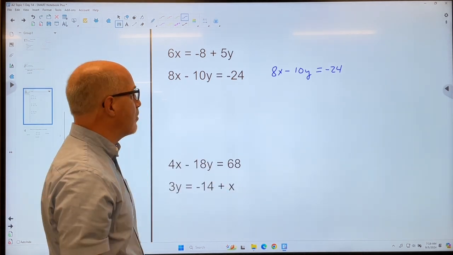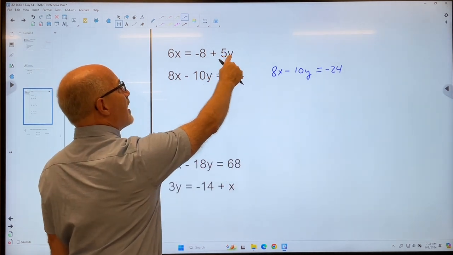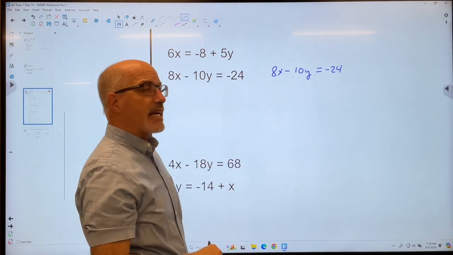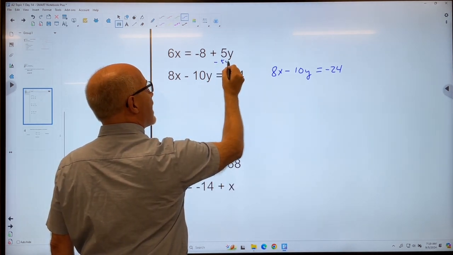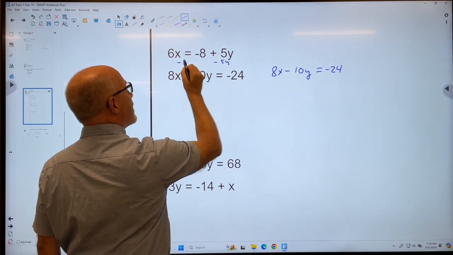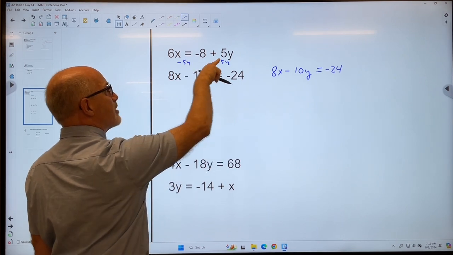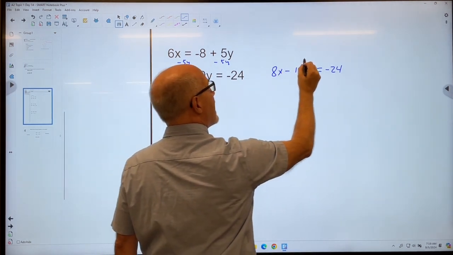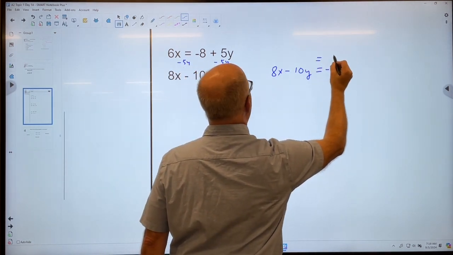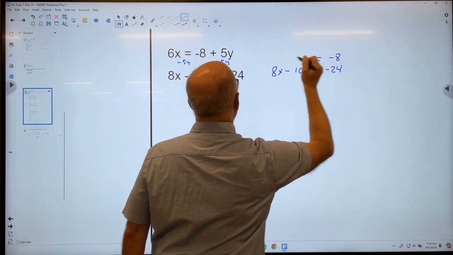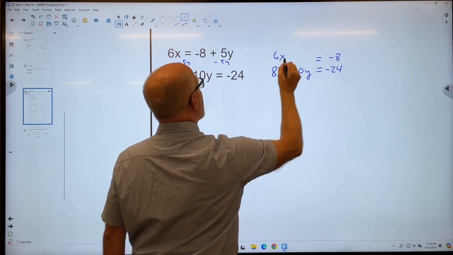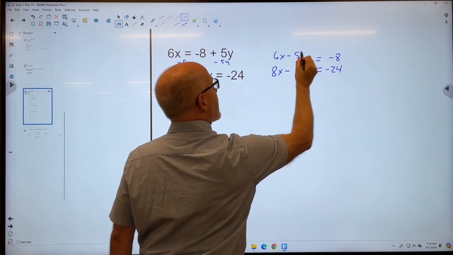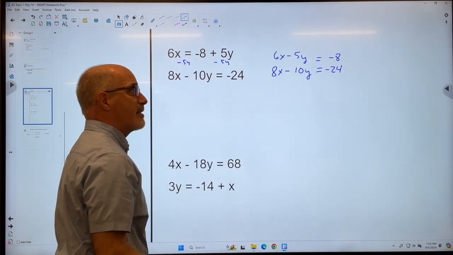That's the typical way we do it. And I'm going to get this 5y on the other side with the 6x. What I have to do is I have to subtract 5y from both sides to make that happen. So notice if I subtract 5y from this side, I get just the number, negative 8. And if I subtract 5y from here, I get 6x minus 5y equals that negative 8.